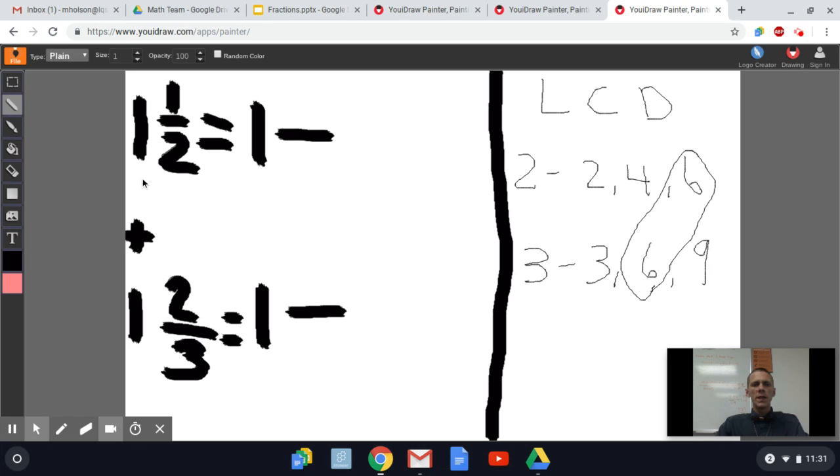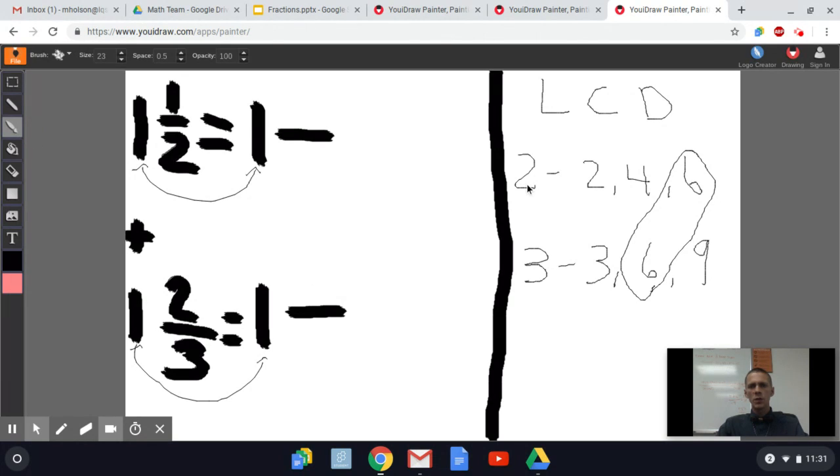So notice all I did was I brought over my whole numbers here because that's all you have to do at this part, just bring over your whole number because those are not going to change. The only thing changing are our fractions because we have to raise them to an equivalent denominator. So by doing that, take each denominator again.